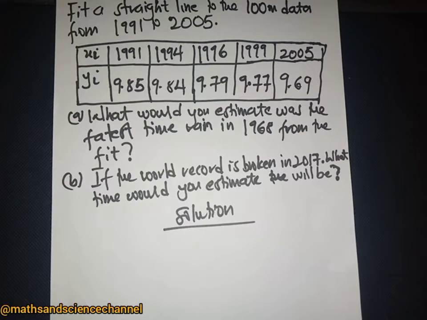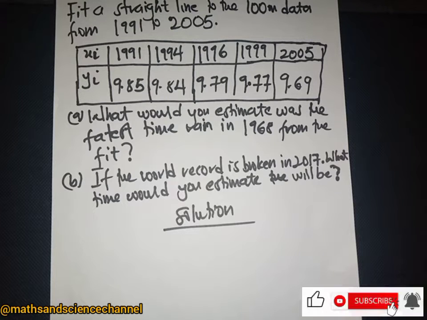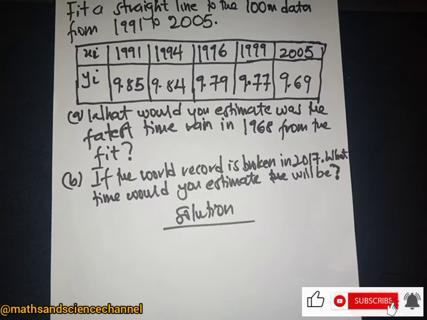Now we have a question on line of best fit. The question says we should fit a straight line to 100 meters data from 1991 to 2005. So now we have x values and also the y values. The x values represent the years, the y values also represent the data.